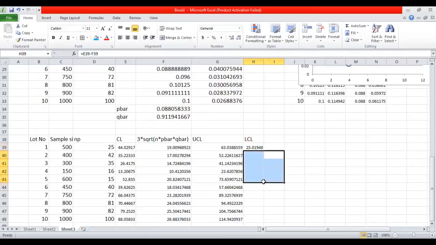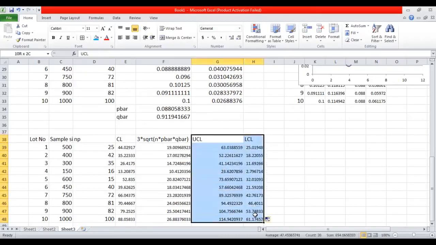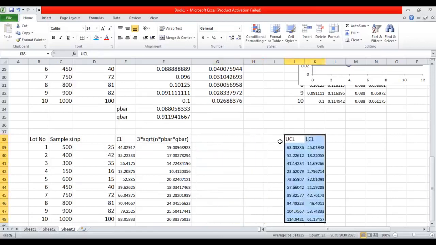Now we have the UCL, CL and LCL values. All the values I'll write to one side. Here I'll write the CL values.